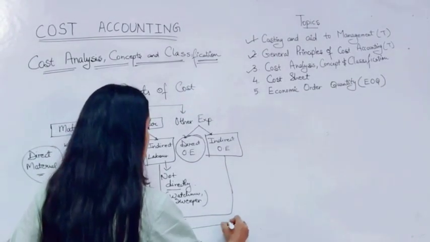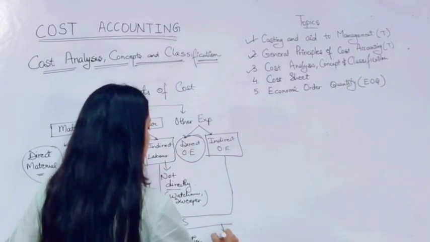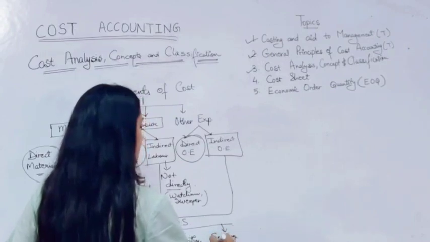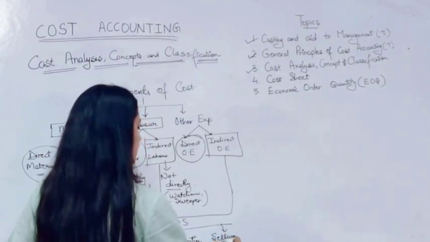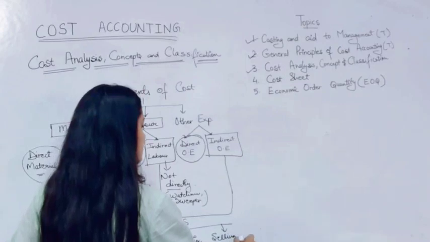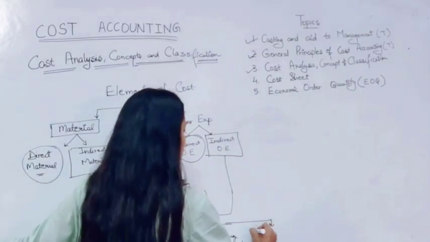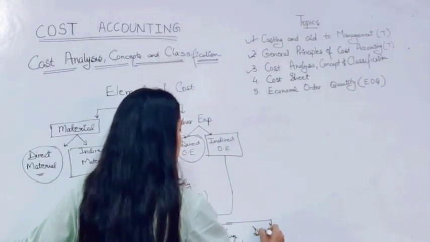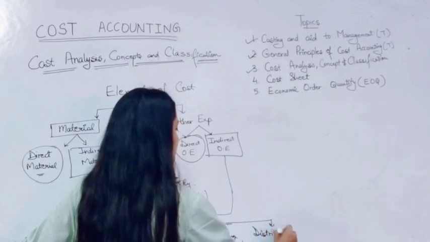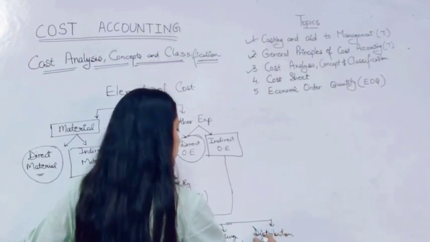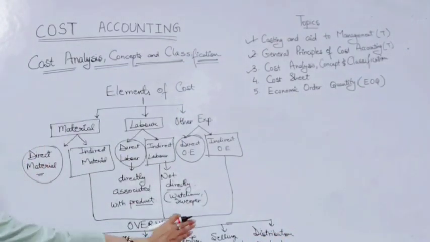Next overhead will be selling overhead. And the last will be distribution overhead. So these are the four overheads.